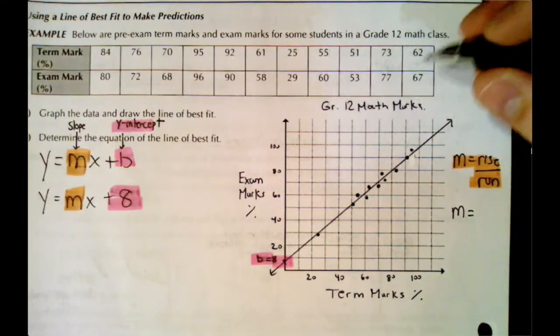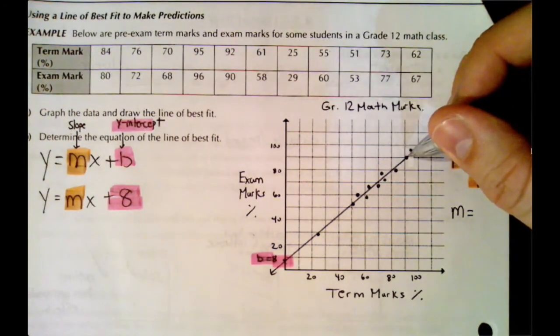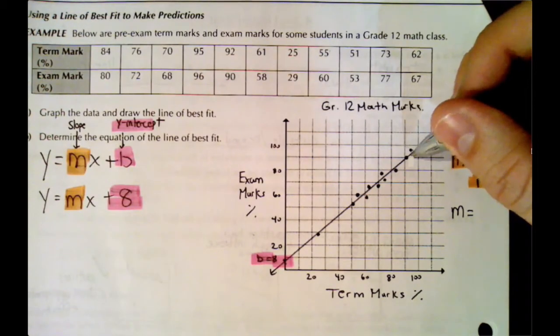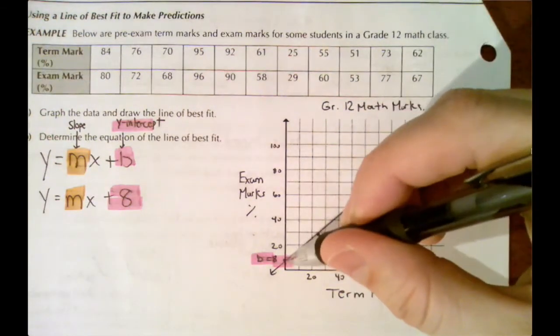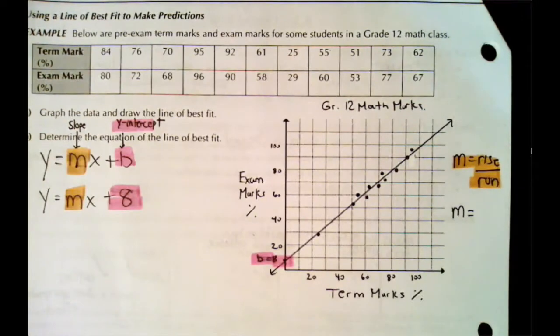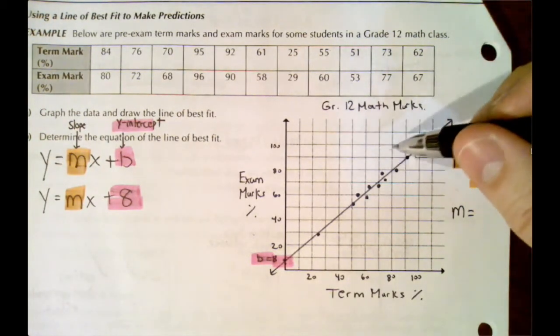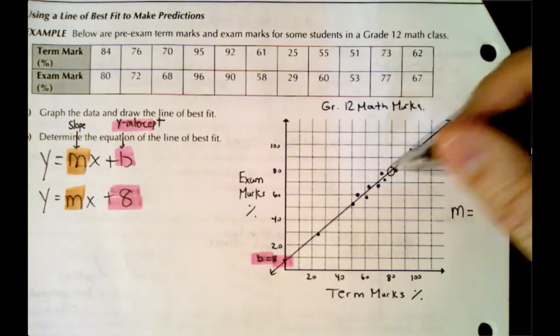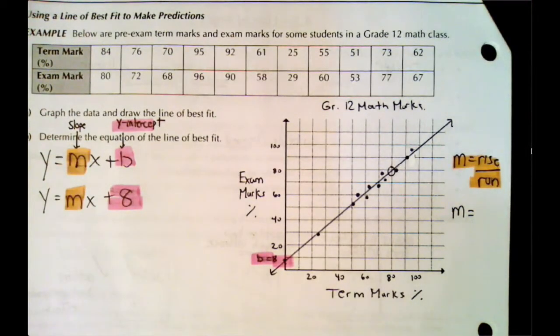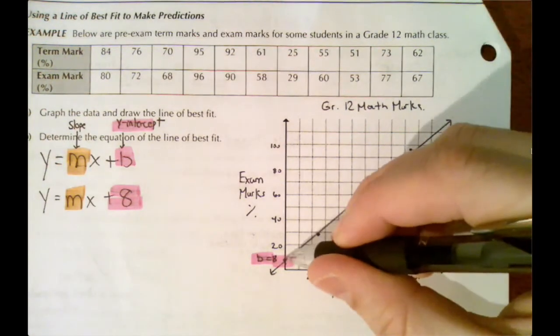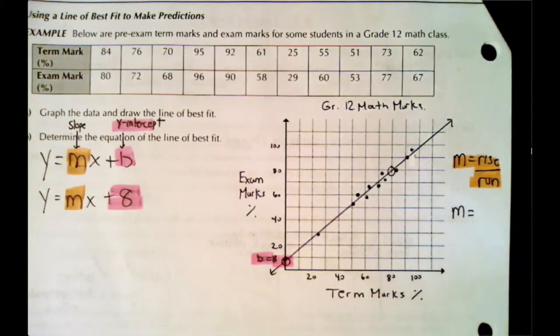We know this one because we said it was 8. So let's try that point, and let's pick another point that we can read fairly easily. Looks like maybe right there. That looks like it's 80, 80. So we're going to go from here to there, and we're going to find a rise and run.